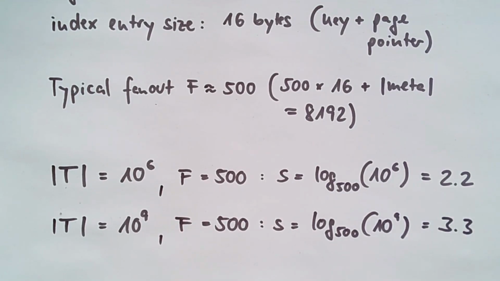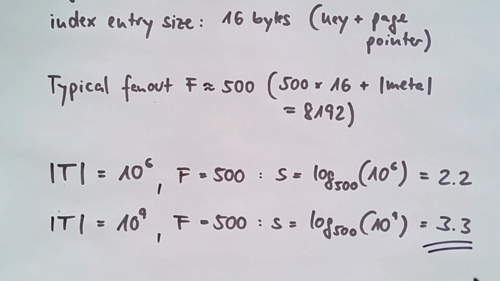I would consider such a table a really large table already. I would consider this the good case. If all of the inner nodes in our tree are really fully occupied, then that would be the fan out. Indeed, the fan out would probably be a bit smaller, like only 70% of that, in a typical B tree or B+Tree, but that would be in the range of depth 3 only.